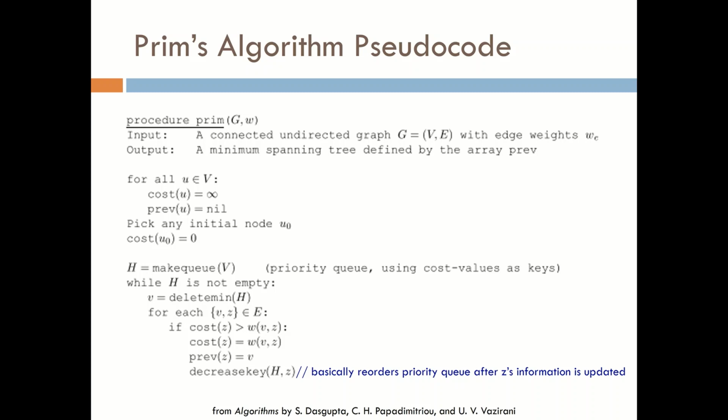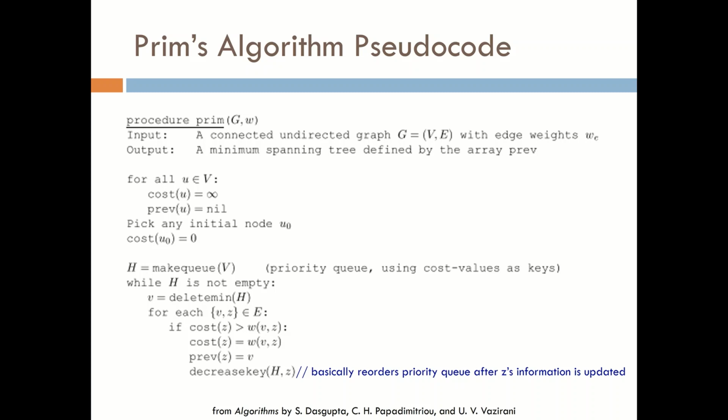We will use vertex A as the starting point just to be consistent, and so we set the cost of that vertex to 0, and then we add everything to a priority queue.